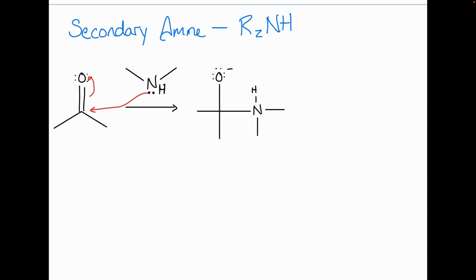What's unique to our neutral condition intermediate is that it has both a negative charge on the oxygen and a positive charge on the nitrogen. We need to protonate the oxygen but deprotonate the nitrogen. So we can do that all in one shot by doing this internal proton transfer.